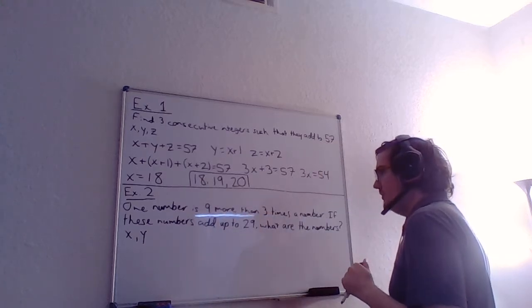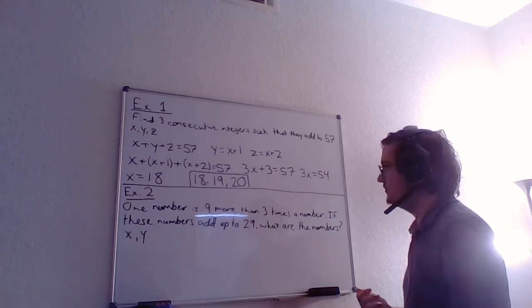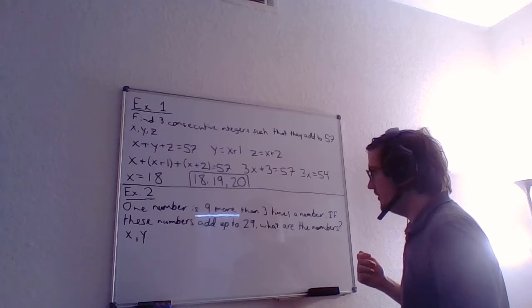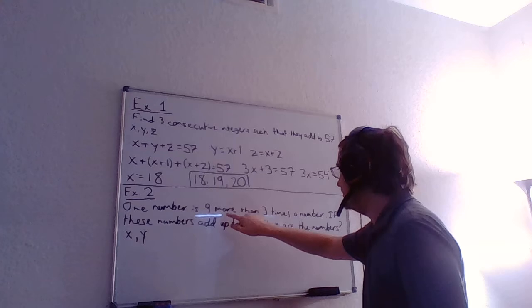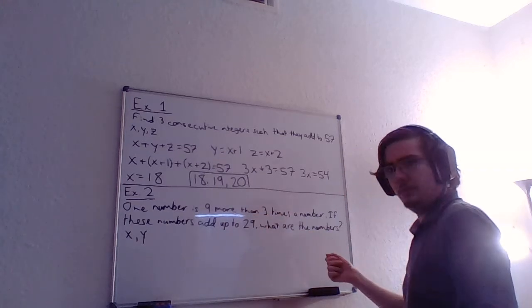And let's do a second reading of the problem, like before, and see what we notice. So, we know that one of our two numbers is 9 more than 3 times another number.